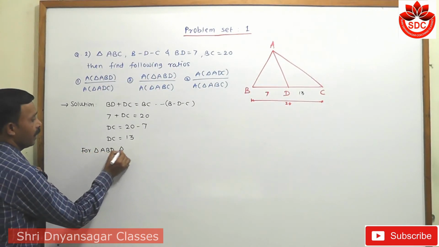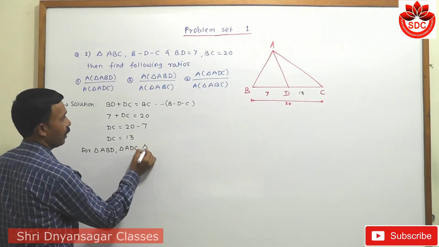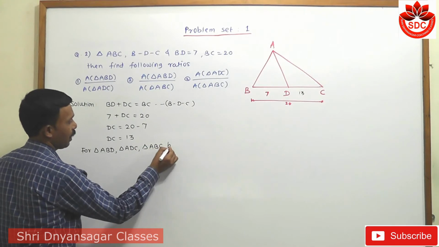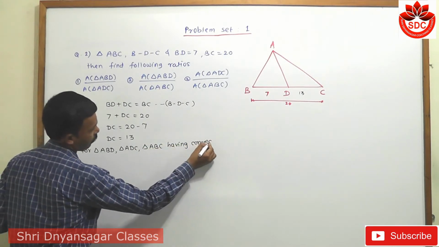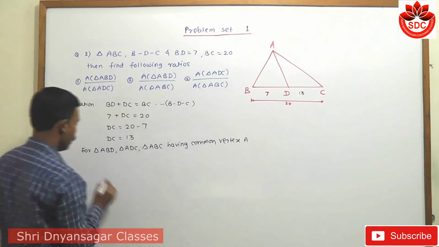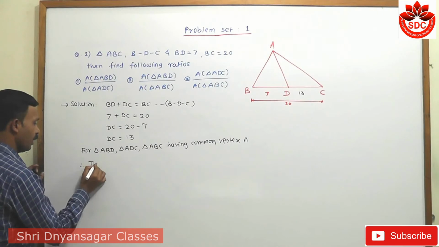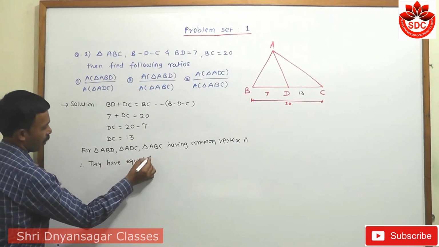Now triangle ABD, triangle ADC and triangle ABC have a common vertex A. Therefore, they have equal heights.